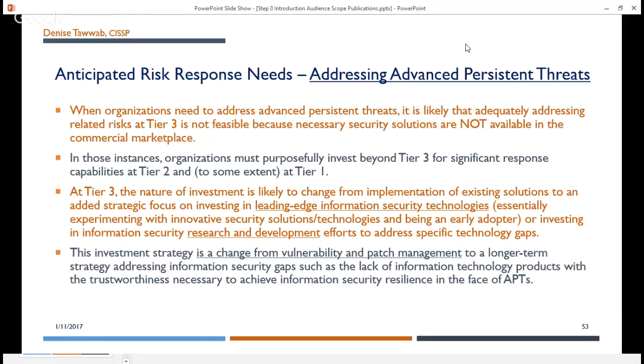And a lot of times you will see public-private partnerships where government partners with corporations to do threat research and to look at developing products to mitigate some threats that may be coming down the pipe.